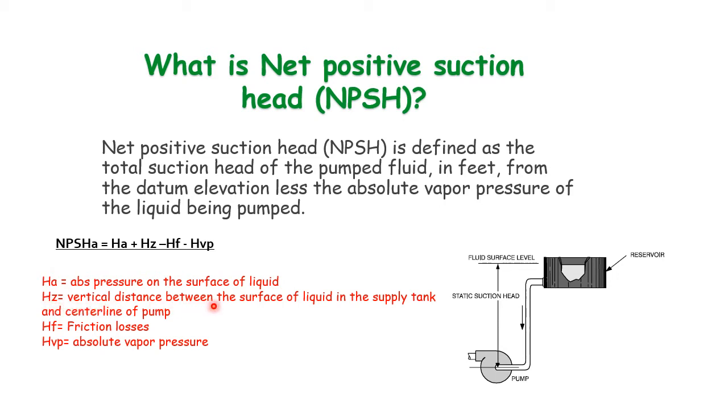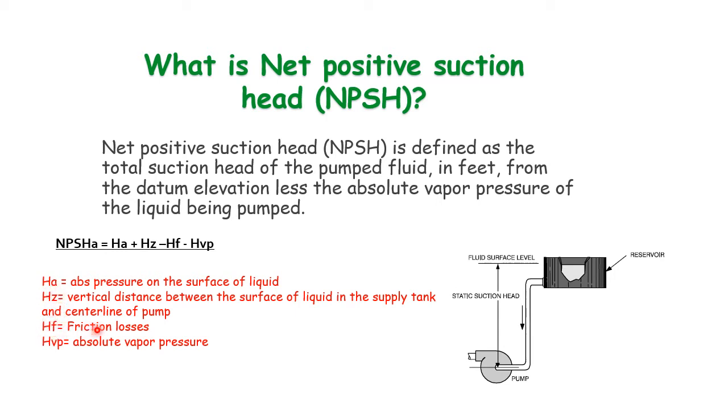HZ is the vertical distance between the surface of the liquid in the supply tank and the center line of the pump. As I explained earlier, the vertical difference between this point and the fluid reservoir level is called the static suction head, described as HZ.